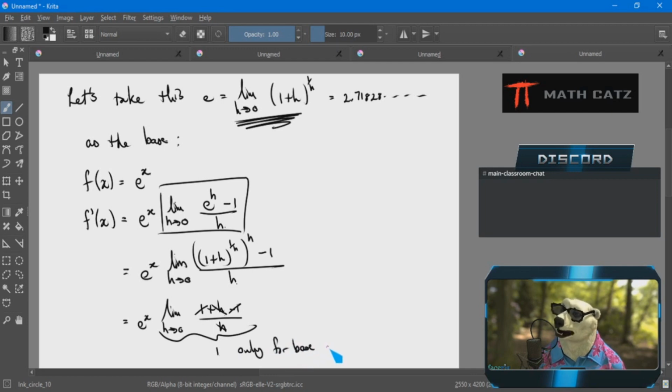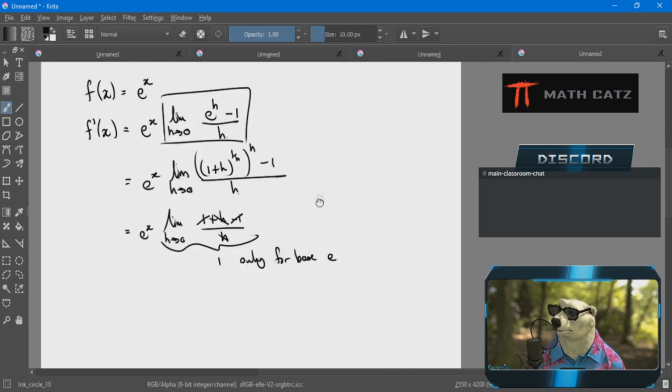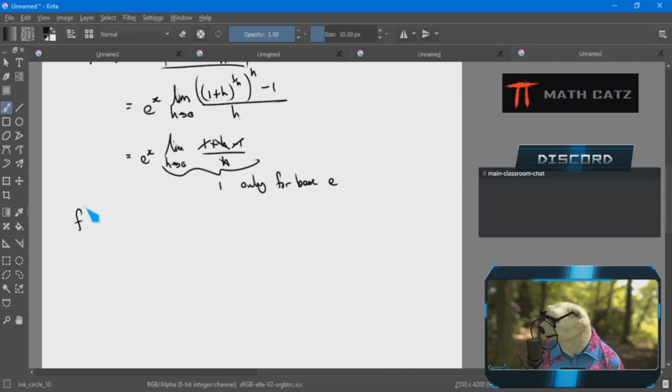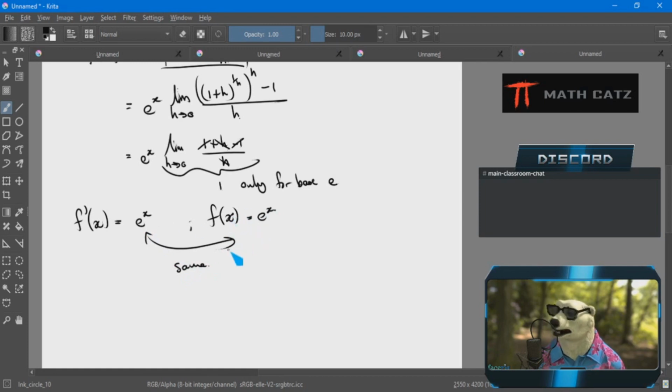And that's only going to happen if I take that as the base. Which means then the derivative is just e to the x. My function is e to the x. And this is the only function that has as derivative the exact same function.